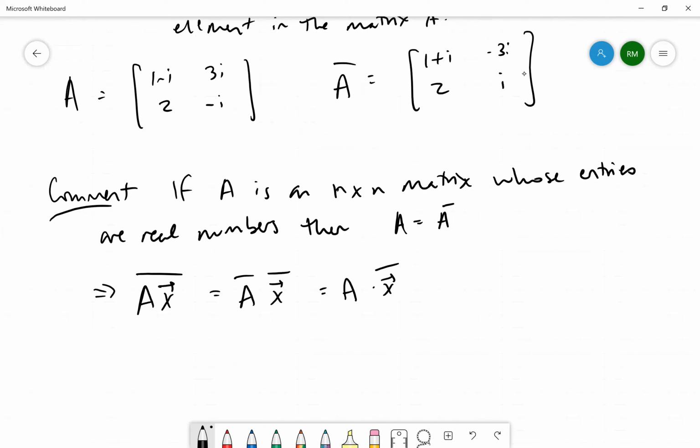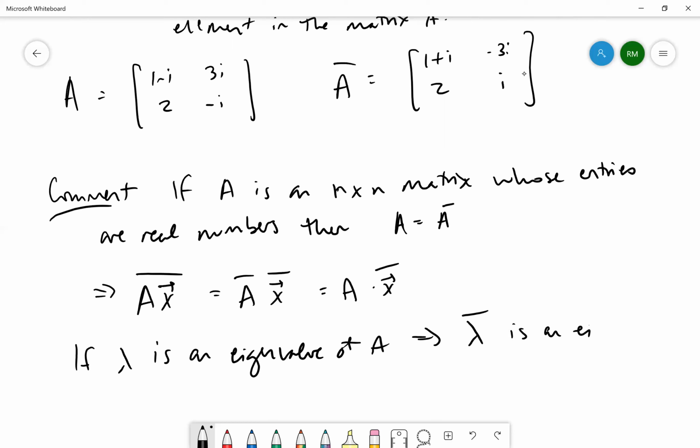So what this is telling us is if lambda is an eigenvalue of A, then the complex conjugate of lambda is an eigenvalue of A. But this is only when A has real entries.